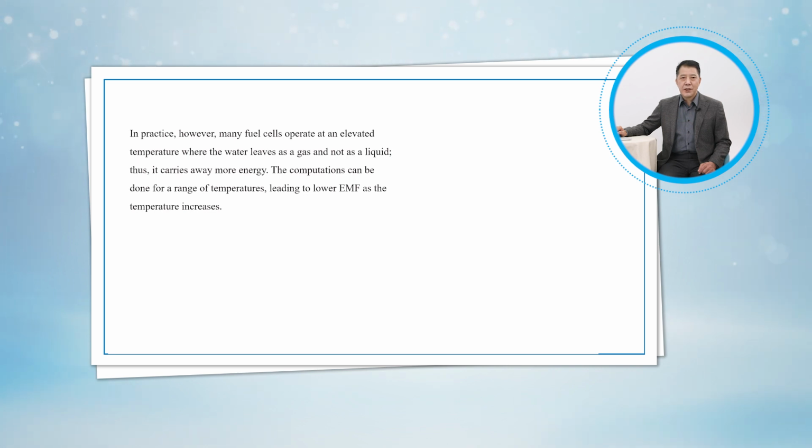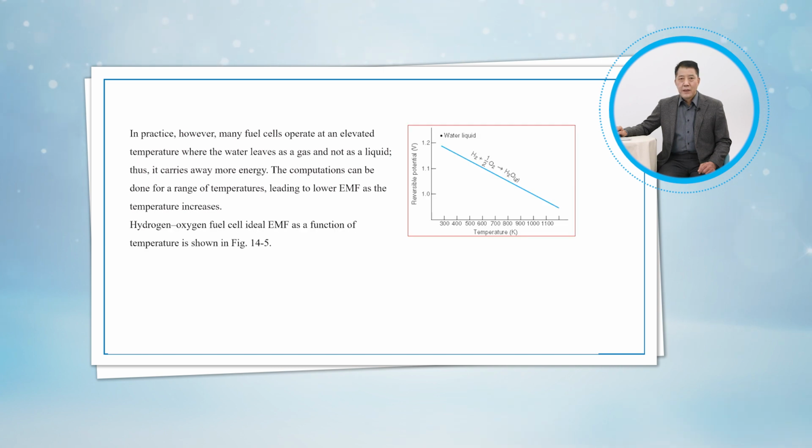The computations can be done for a range of temperatures, leading to lower EMF as the temperature increases. The ideal EMF for a hydrogen-oxygen fuel cell as a function of temperature is shown in figure 14.5.